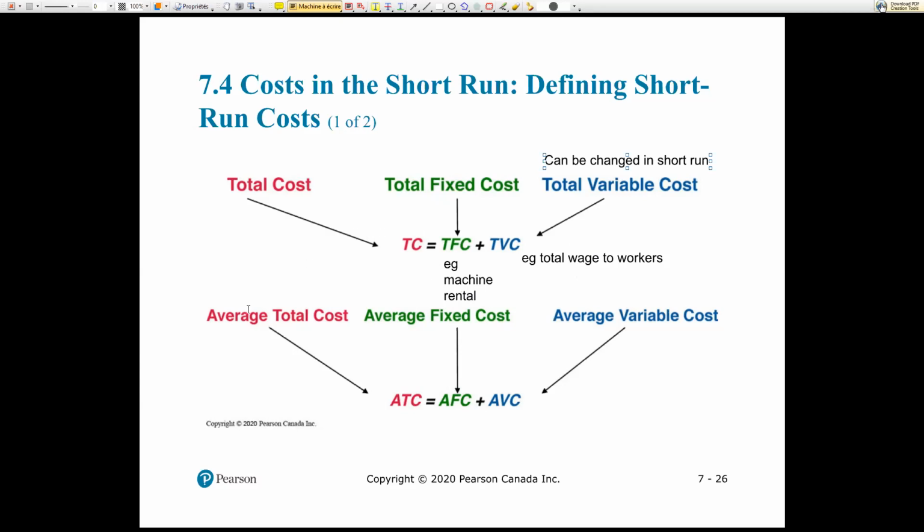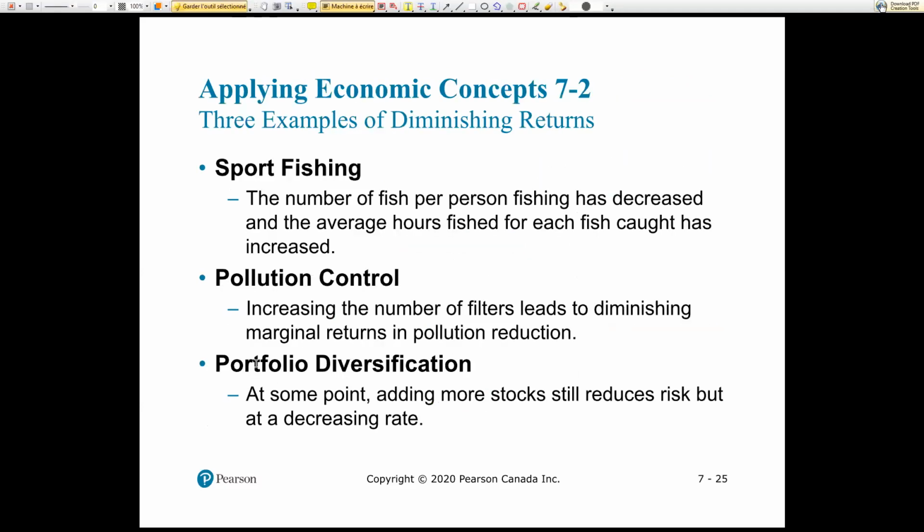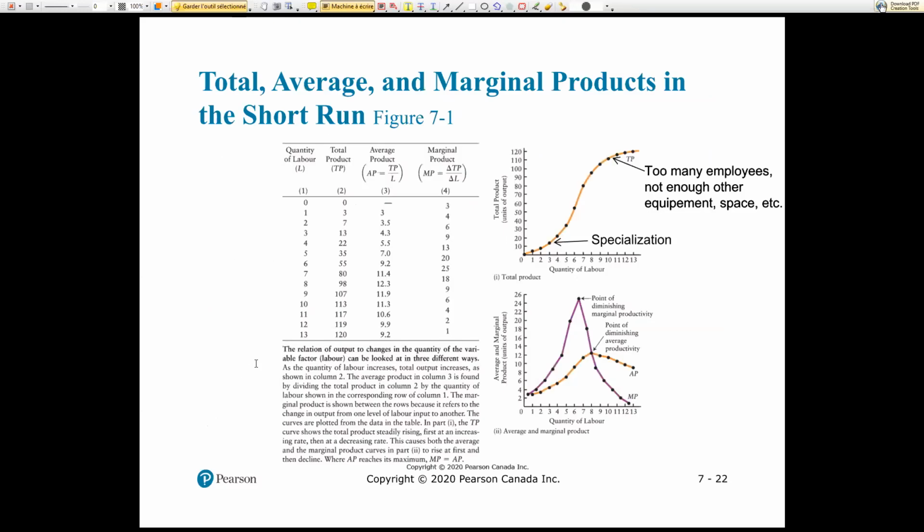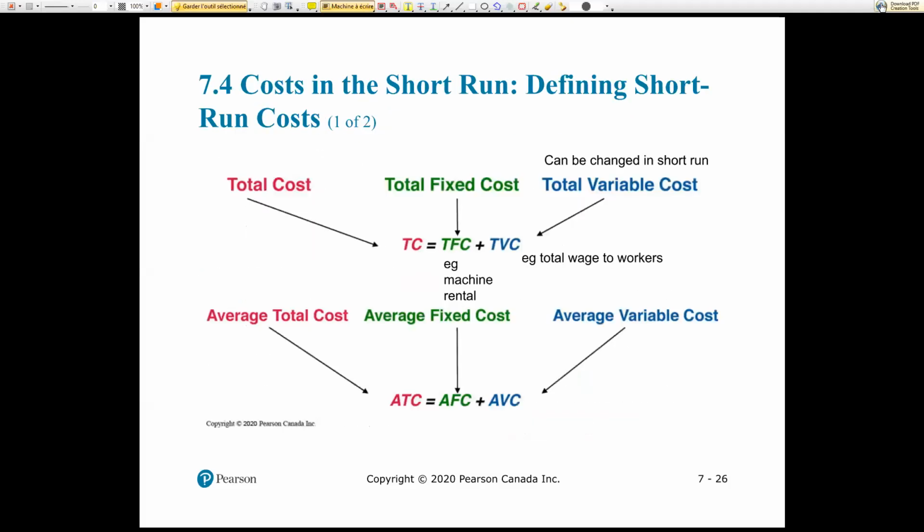And then average. So be careful, because when we were talking about average before, this was divided by L. It was, for instance, average per worker. And now the average is not in terms of worker, but in terms of production. So how do I find average total cost, average fixed cost, average variable cost?